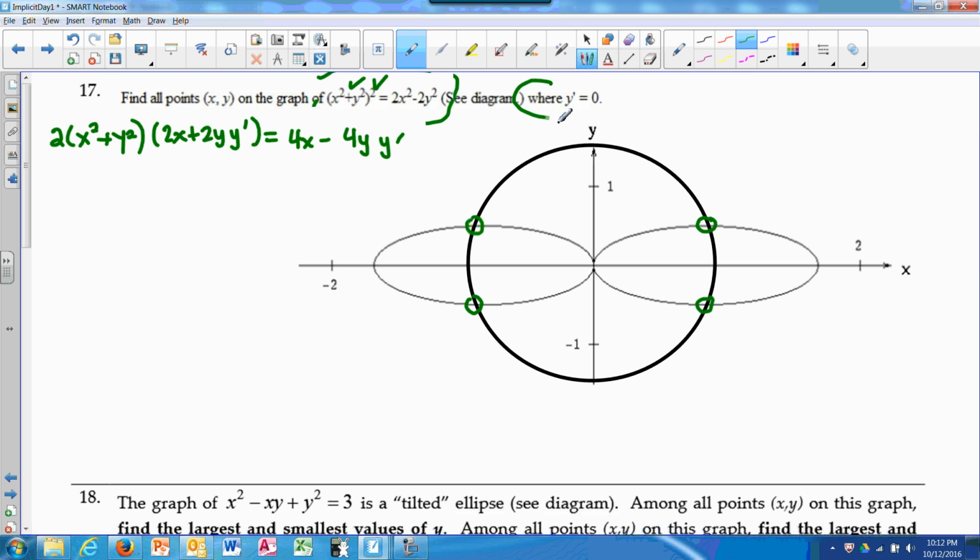Notice it says we want y prime to equal 0. This actually makes me very, very happy. That means that I can take y prime equal to 0 and put that in everywhere there's a y prime.